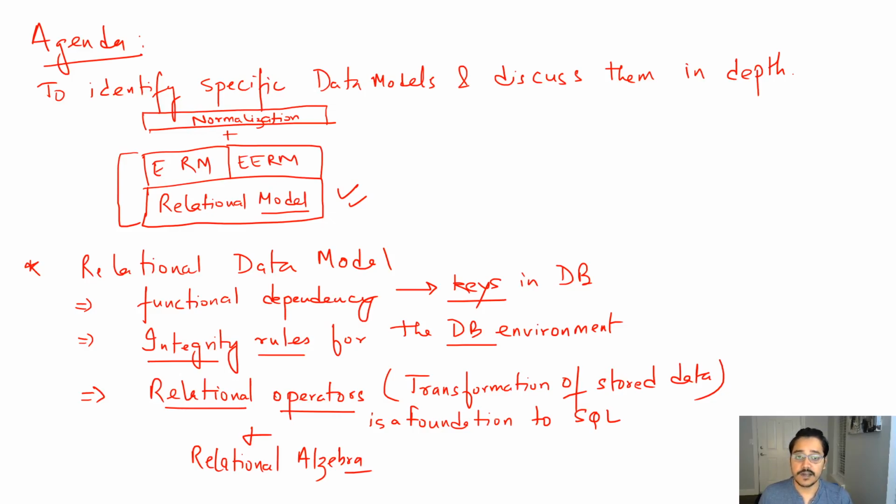So that means if I say that given a data storage, extract the first name and the last name of the students who have a GPA greater than 3.5, right? You should be able to express this logically by using the relational operators.